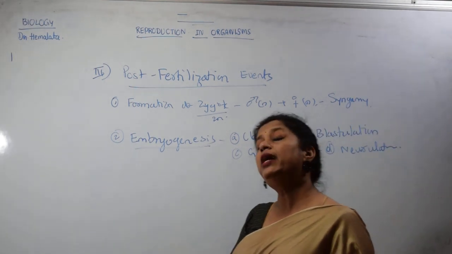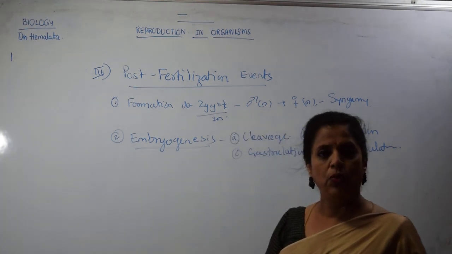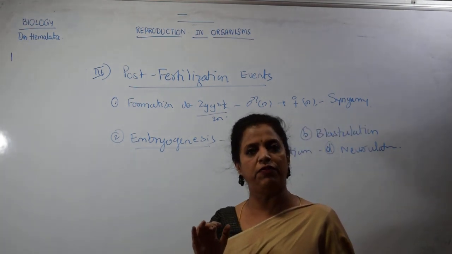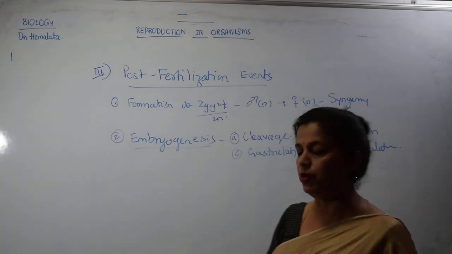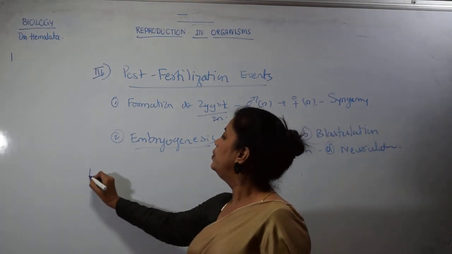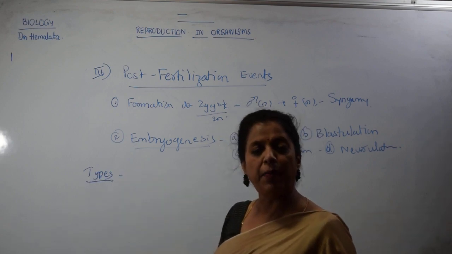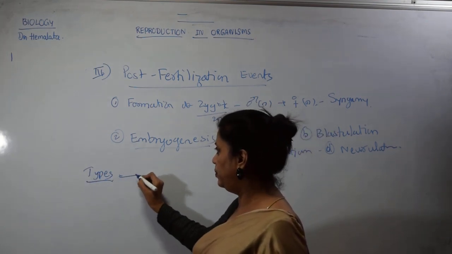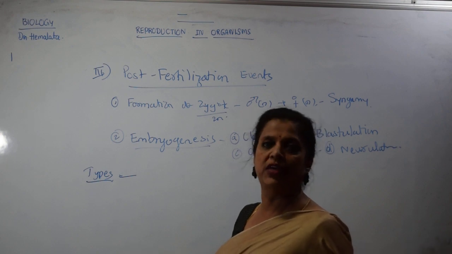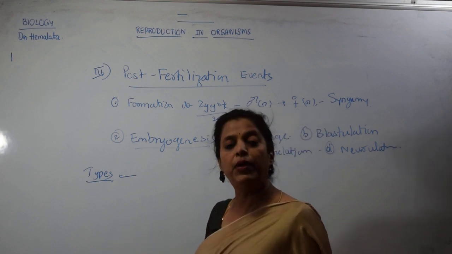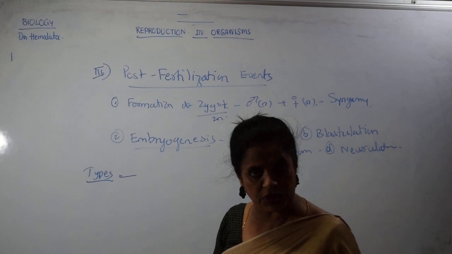Now this development of the embryo, whether it happens within the body of the female or outside the body of the female, based on that we have types of embryogenesis. Sometimes the fertilized egg is released outside and the embryo growth happens outside.